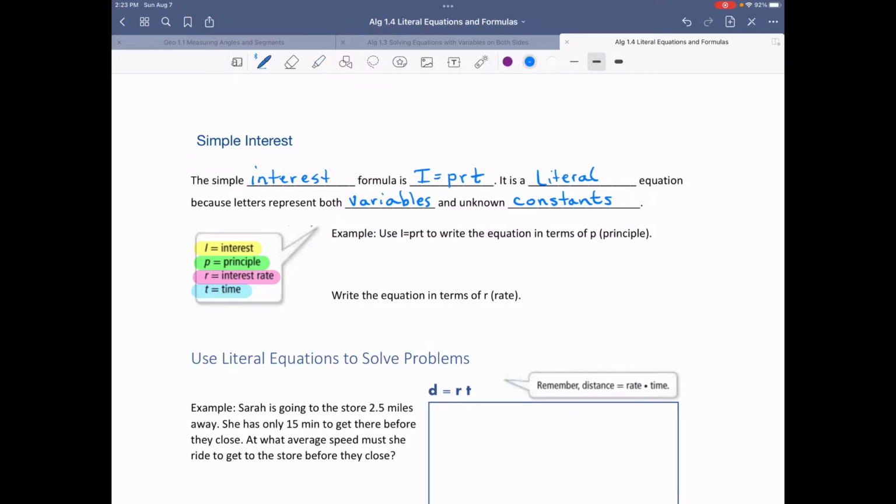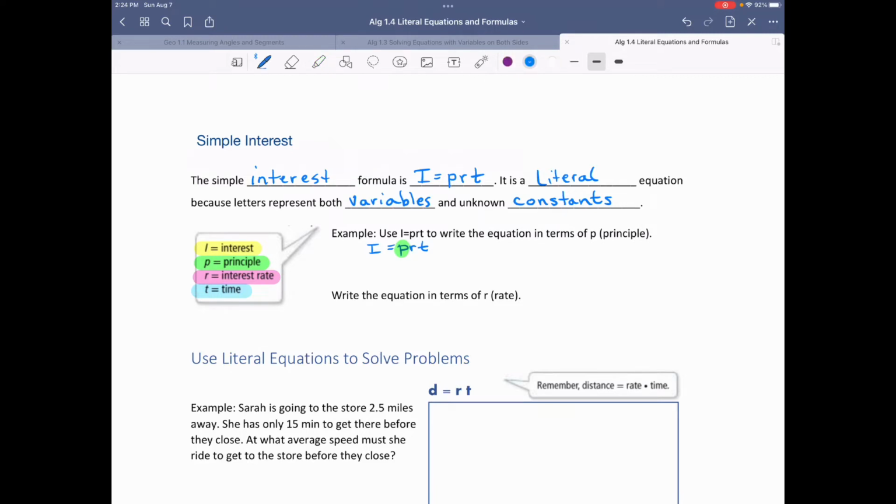For this example, we're going to use I, interest, equals P, principal, times R, rate, times T, time, to write the equation in terms of P, the principal. So we want to rearrange this equation. We have I equals PRT, and we want to solve for P, which is right here. We want to get the P by itself.